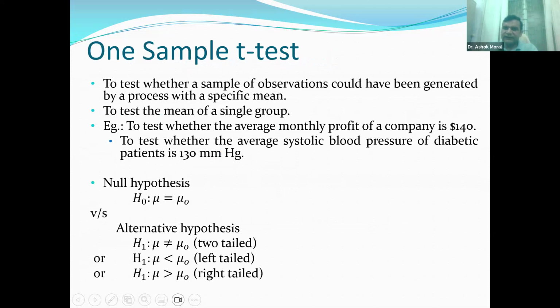So what is the one sample t-test? We want to test the null hypothesis that the mean of the population is equal to a specified value. We will remember this point.